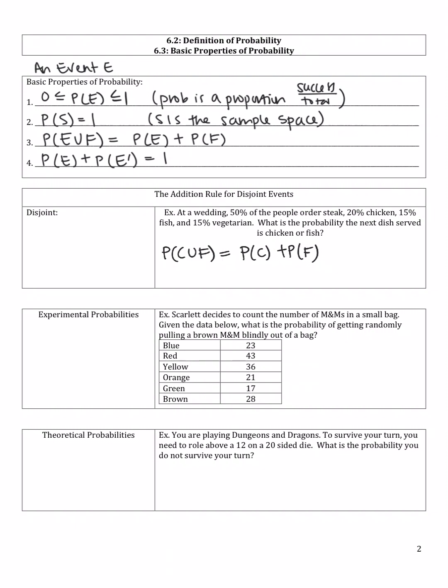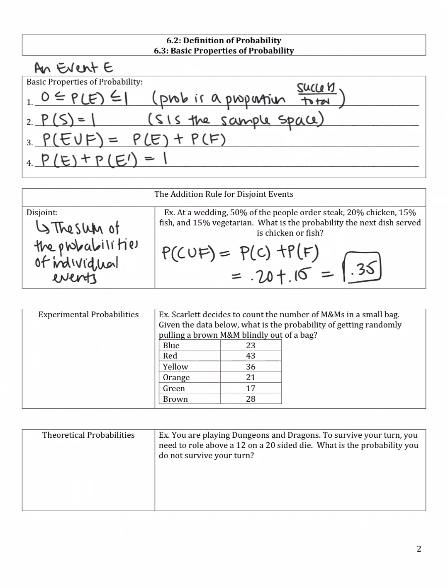So this is just the sum of the probabilities of individual events, because I can only pick one. Getting two dishes is not an option at this wedding. So 35% chance.